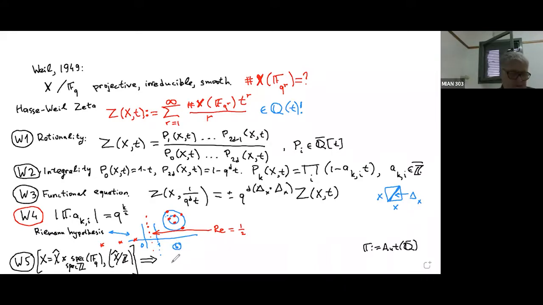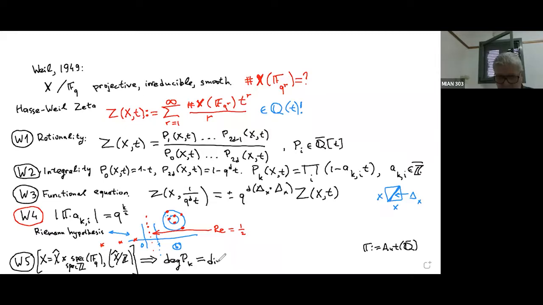The last conjecture says that in this case, the degrees of our P_k are just the Betti numbers.